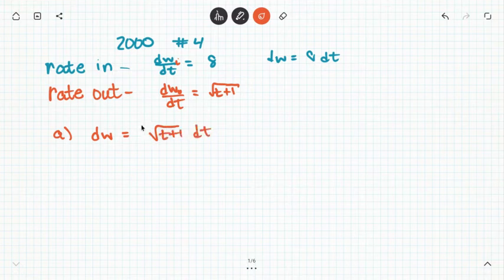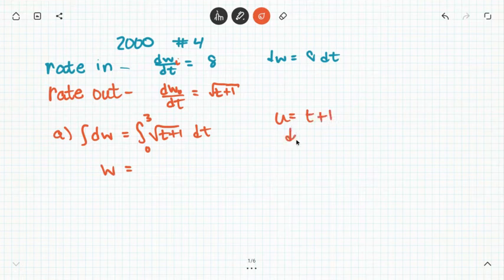In order to get amounts, we just integrate our rates. So we'll take the integral from 0 to 3. So the amount of water in the tank is going to be equal to the integral of the square root of t plus 1 from 0 to 3. And I can use u substitution on this, or you can do it in your head.